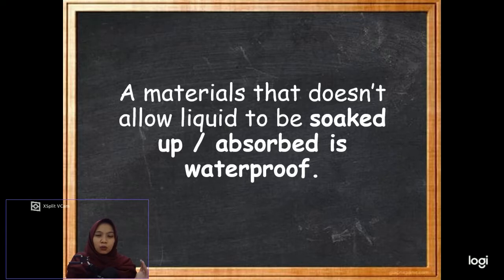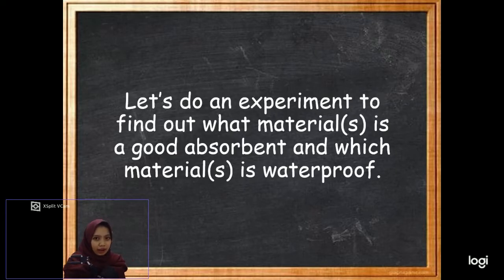While waterproof means the material doesn't allow or cannot soak up or absorb water. That means the material is waterproof. So if absorbent, they can soak up or absorb liquid, and waterproof, it cannot. And now let's start the experiment.